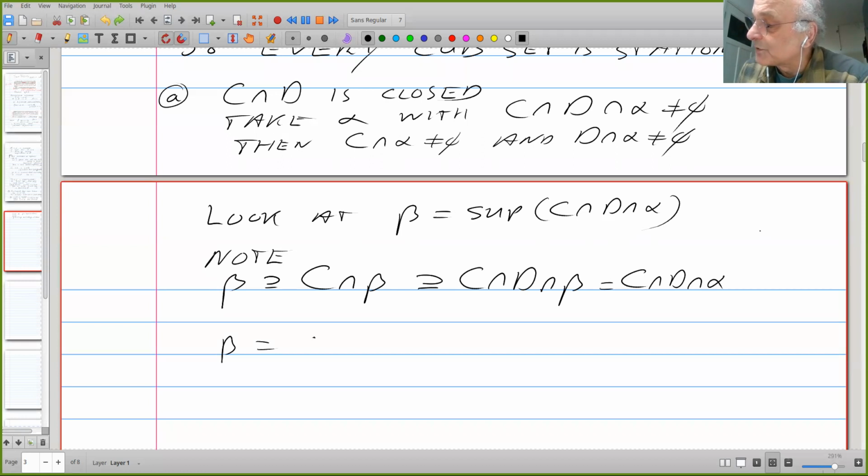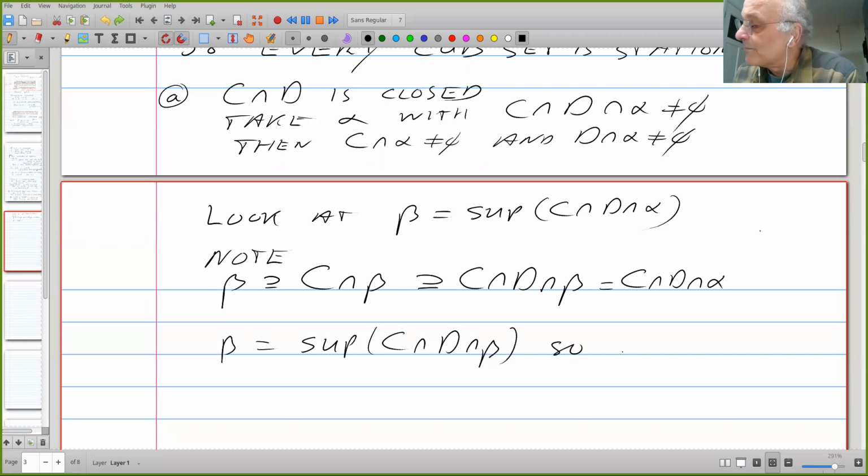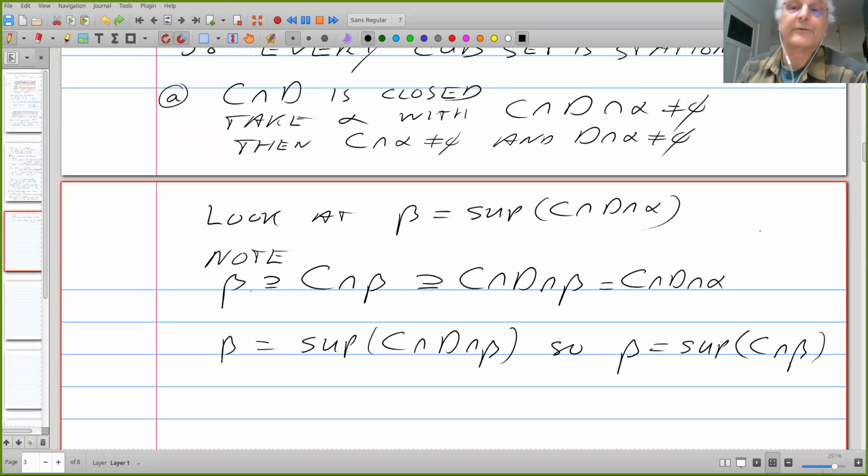But beta is the supremum of C intersect D intersect beta. So beta is also the supremum of C intersect beta. The larger set C intersect beta has a supremum that is at least as big as beta, but it cannot be bigger than beta because it's a subset of beta. Therefore, it is equal to beta. So beta is a member of C because C is closed.